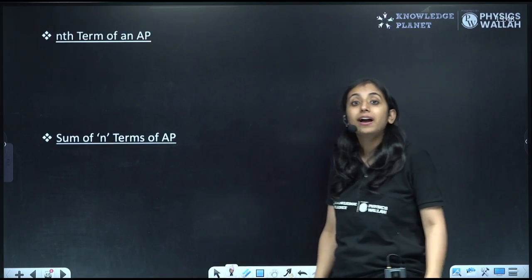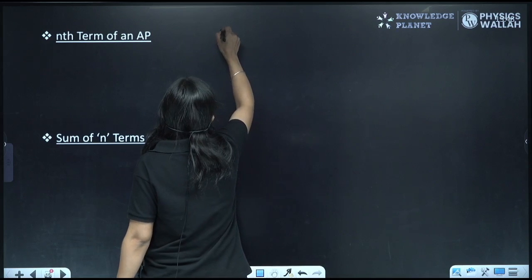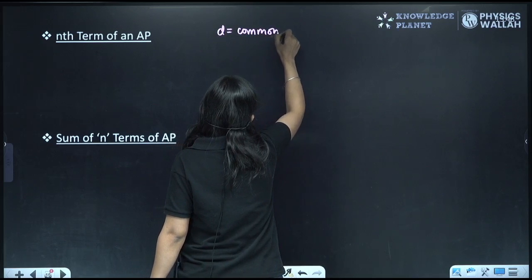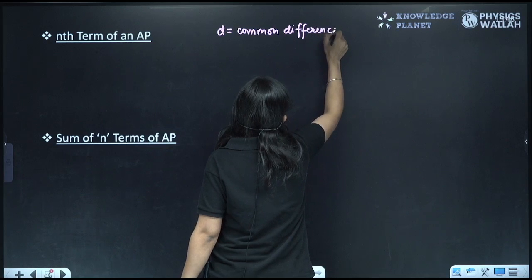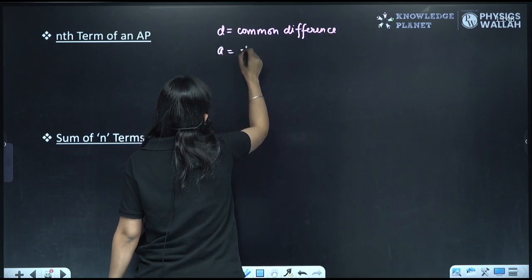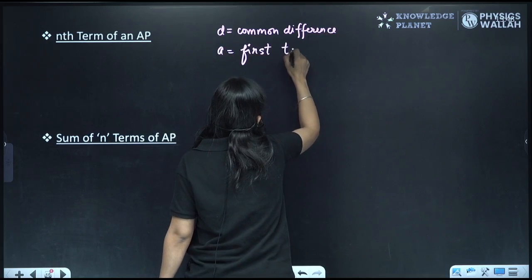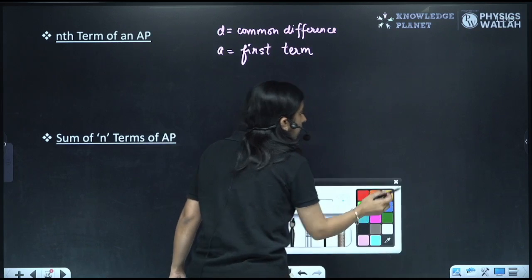So if I have an arithmetic progression whose common difference is d and whose first term is a, then what will be the nth term?